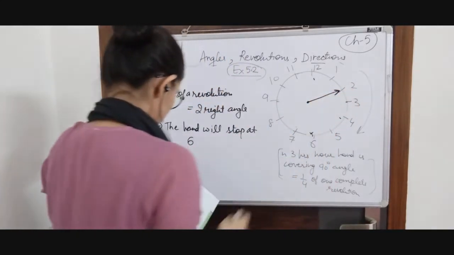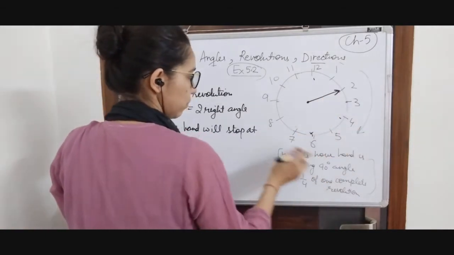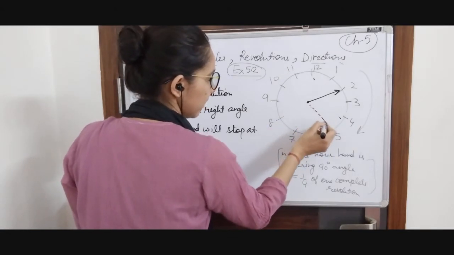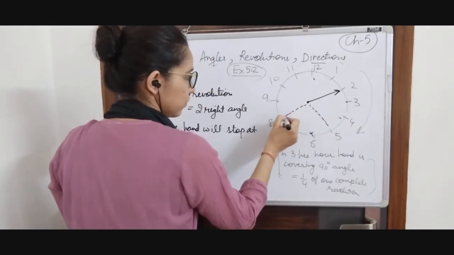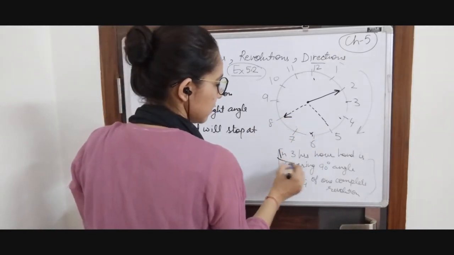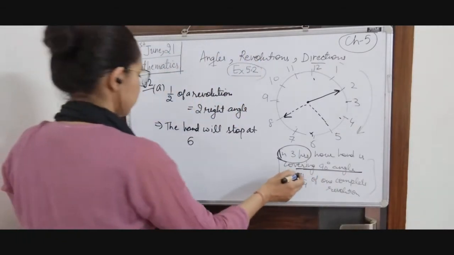Similarly, B. If it starts at 2, starting at 2 and making half of a revolution clockwise. Clockwise half of revolution means 2 right angles. 1 right angle and second right angle. After 3 hours we are covering a 90 degree angle. We have to remember this thing.